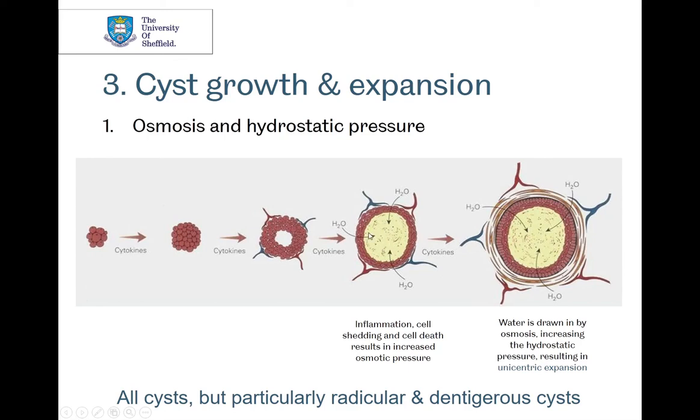It will want to pool water into it to try and make it isoosmotic. And then when the water's going in, you increase the hydrostatic pressure, and so it starts to push out the wall. And that whole process continues, and that's how the cysts begin to expand and to develop. And particularly that's the case for radicular and dentigerous cysts.